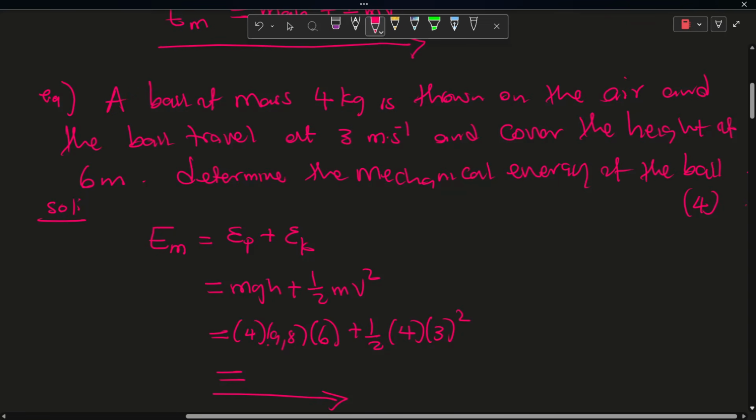Then you say plus, and then you're going to get 4, and then you replace with 3. Then you square it. So the answer is going to be 253.2 joules. That is the mechanical energy of the ball. So you should be able to read this and know that if you are given the height, where do you replace it? You see?